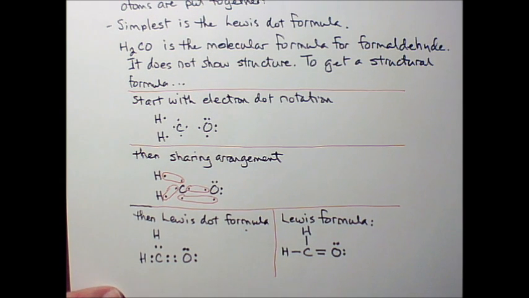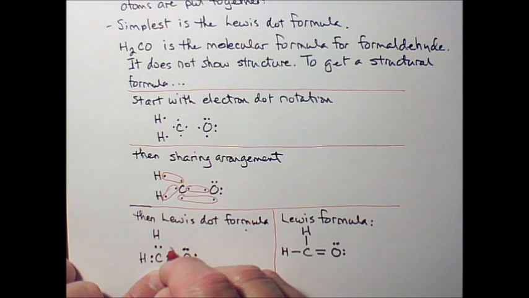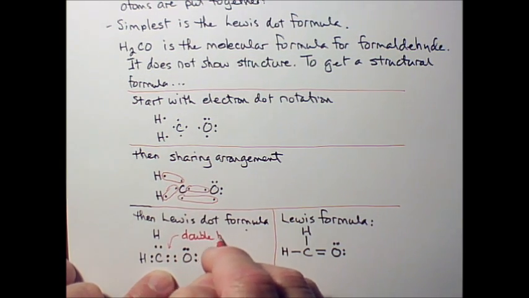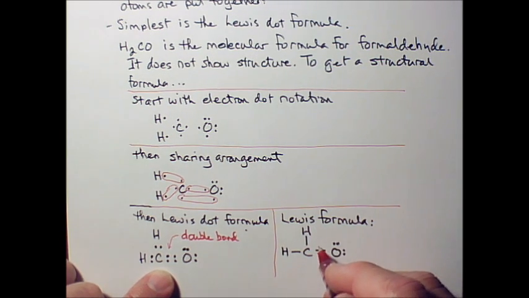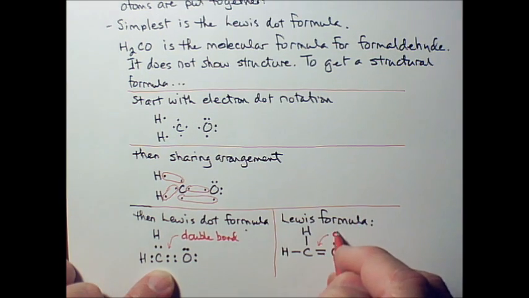Okay? Some more terminology that I want to review for a minute. This set of 4 electrons, we call that a double bond. So then this double line is also a double bond.